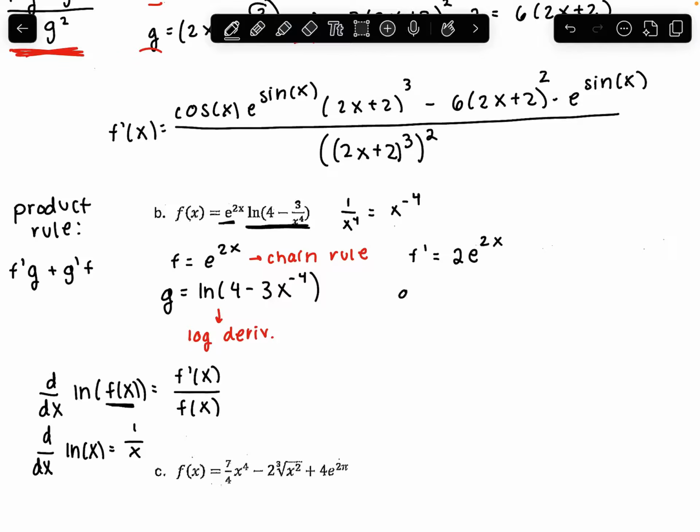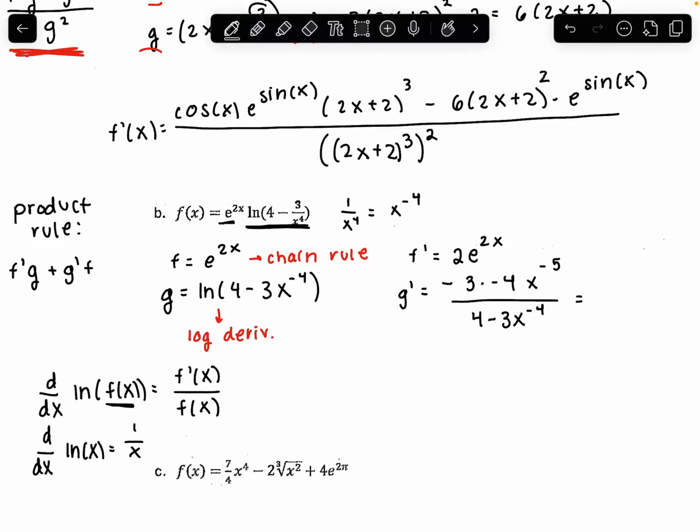So that means G prime is going to be the derivative of 4 minus 3x to the negative 4, which is going to be 0 minus 3 times negative 4 x to the negative 5, divided by the original, which was 4 minus 3x to the negative 4.